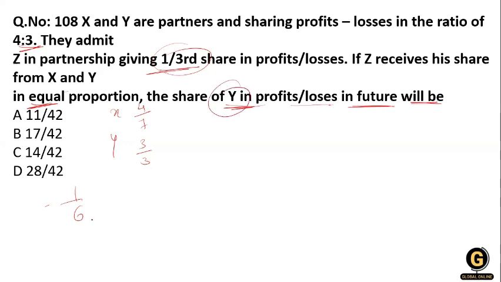You know that Y's old ratio is 3/7, and they will each give 1/6. When we calculate it, we get 18 minus 7 in the numerator and 42 in the denominator. When we solve it, it is 11 by 42. So where is 11 by 42? Option number A is correct over here.